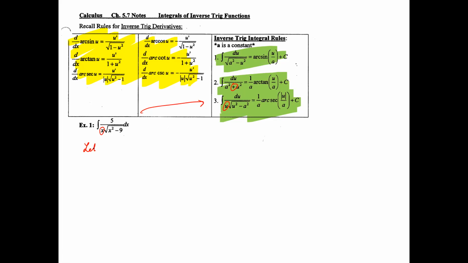So let's go ahead and say let u, and if you just go ahead and match this, u is going to be x. So then your du is just 1 dx, and then your dx is du. And we're going to go ahead and rewrite this.